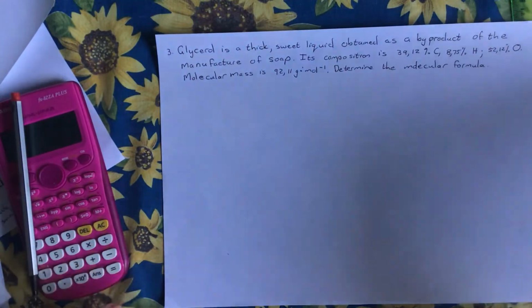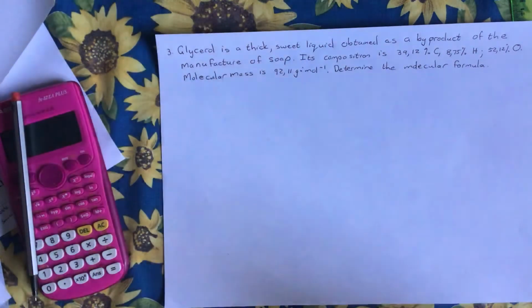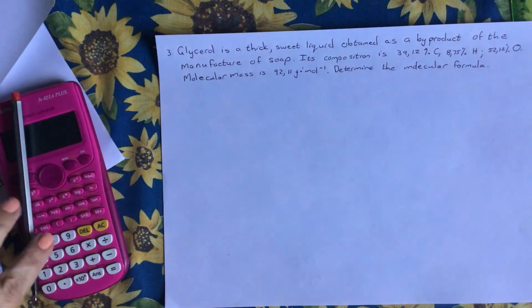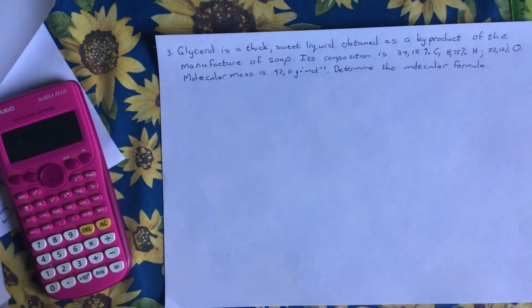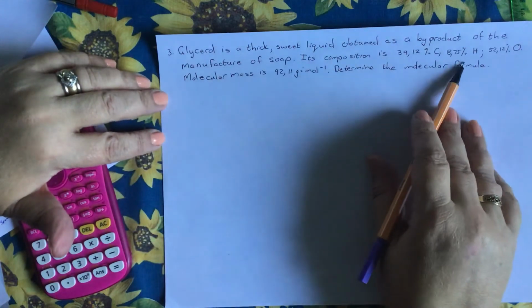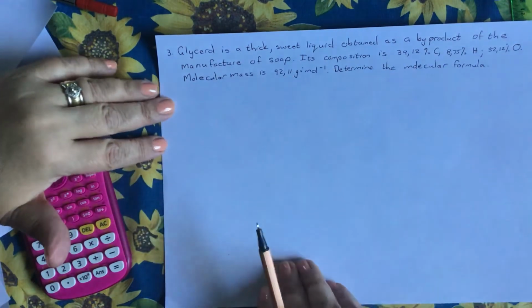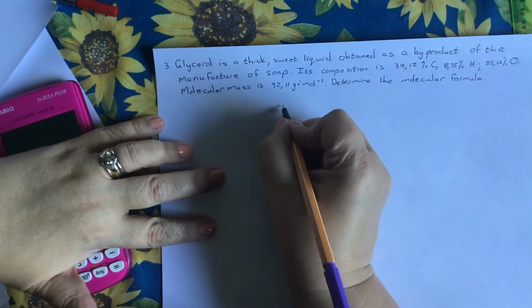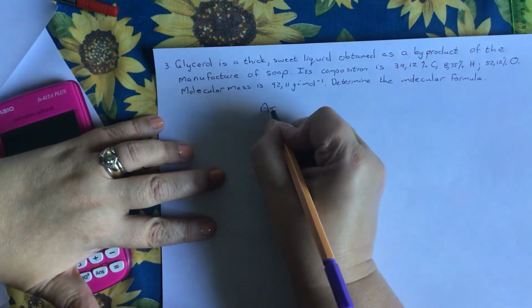Glycerol is a thick liquid obtained as a byproduct of the manufacturing of soap. Its composition is given as amounts of carbon, hydrogen, and oxygen. Percentages are given, and there I have a molecular mass, so we are going to use our assume 100 gram.